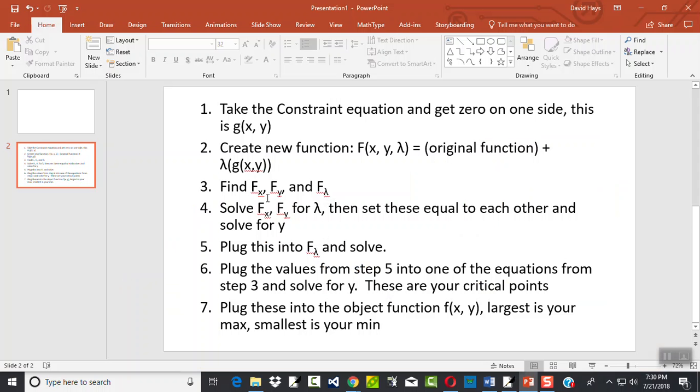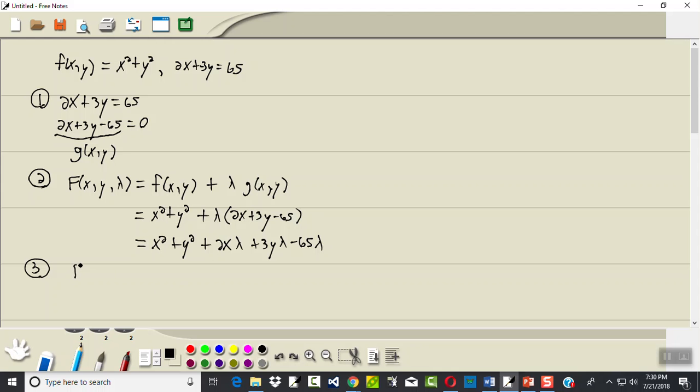Step 3. We want to find fx, fy, and f lambda. This notation is the partial derivative. What that means is we take the derivative just like normal, but with respect to a variable. So here we take it with respect to x. x squared becomes 2x.